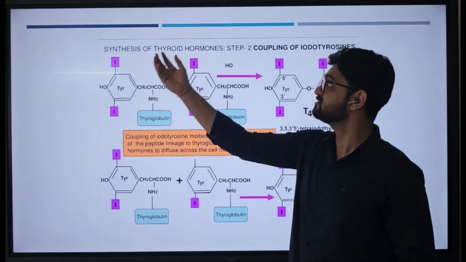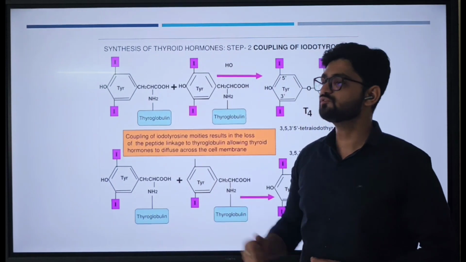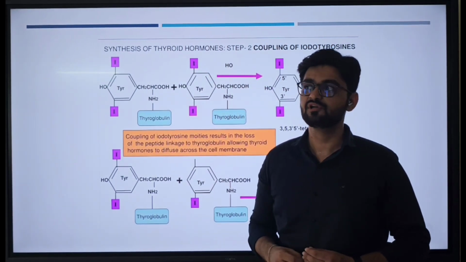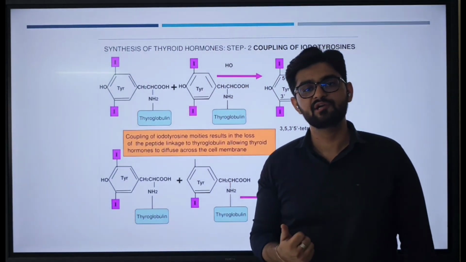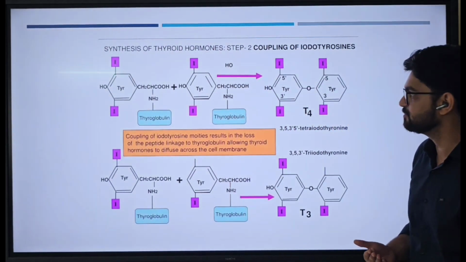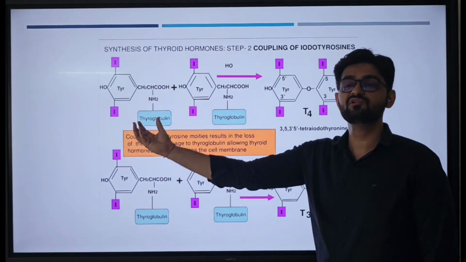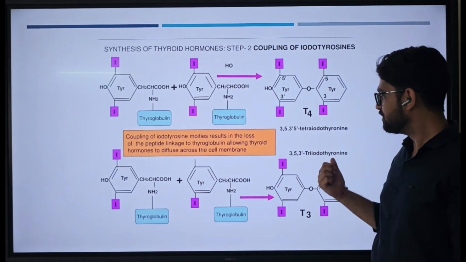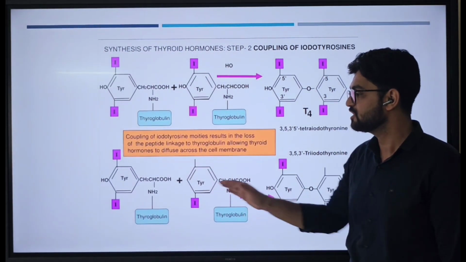Talking about the synthesis of thyroid hormones. Now, the individual structures associated with the two iodine residues are not sufficient. So the coupling of monoiodotyrosine and diiodotyrosine takes place. When two diiodotyrosine residues conjugate with each other, they form tetraiodothyronine, because there are four iodine residues attached to this structure.